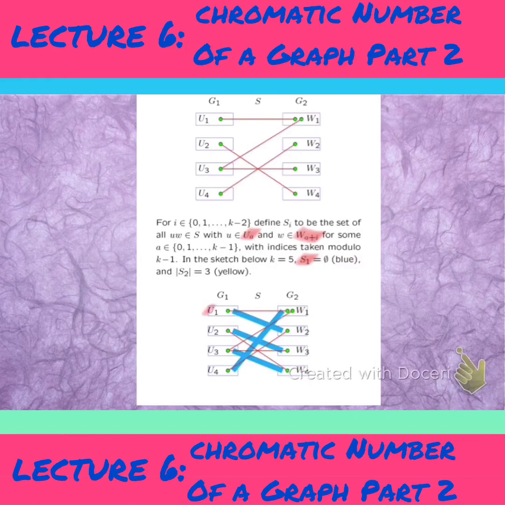So for U1, you count all the edges between U1 and W2. In this case, that's empty there. Then you go to U2 and you count all the edges between U2 and W3. Remember the index I is 1. So then you count all those edges, that's empty. Then U3, again, you count all those edges there.